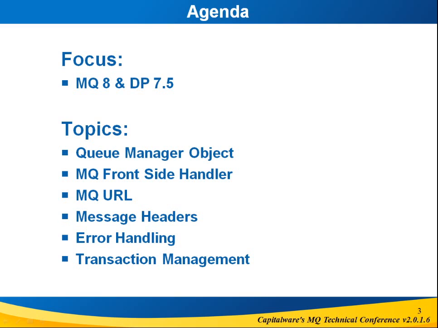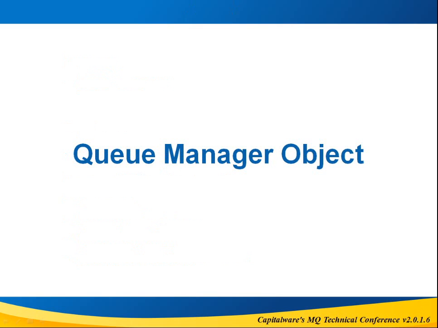We'll be touching a little bit on JMS headers, but not too much in this particular class. There's a lot more that can be done, but this is just meant to be a 1-hour introduction at this point only. So let's look first at the Queue Manager object.